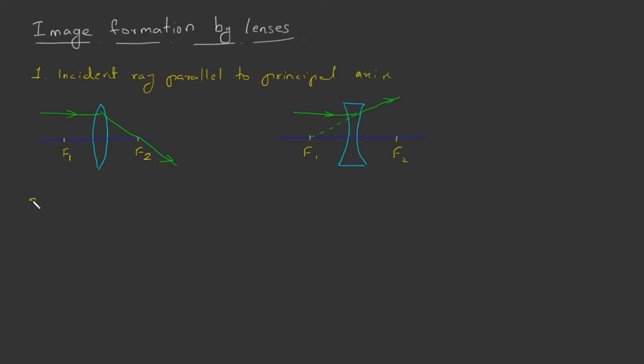The second ray we are going to consider here is for a convex lens, the incident ray passing through the principal focus.